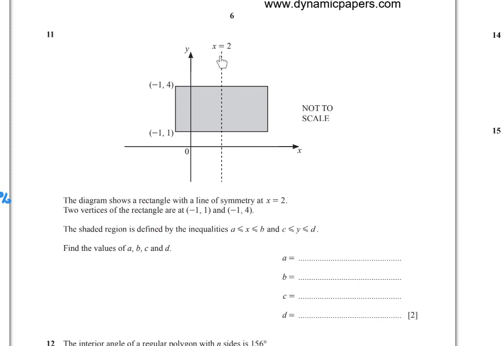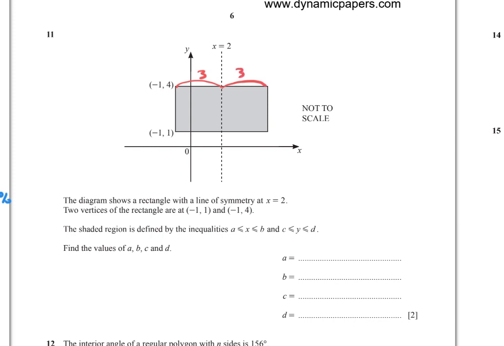Now because x equals 2 is the line of symmetry, this distance equals that one. The distance from x equals 2 to x equals negative 1 equals 3. So the distance between x equals 2 and that line is also 3.